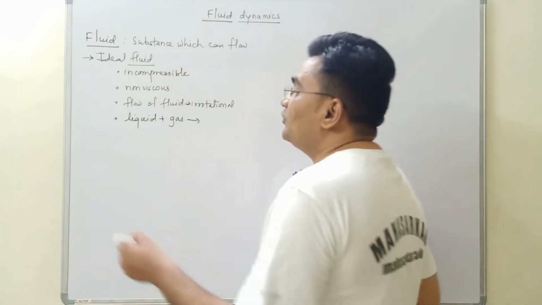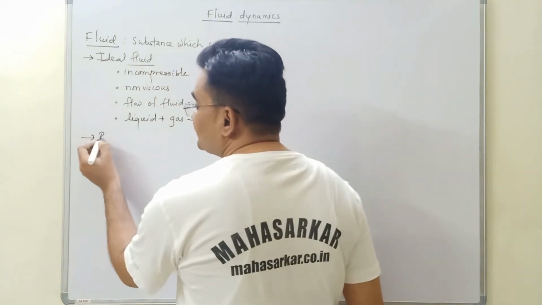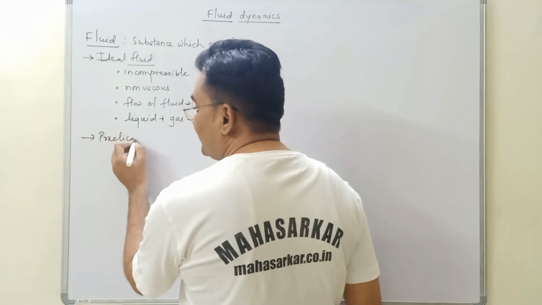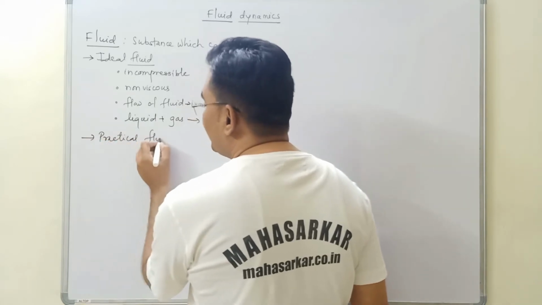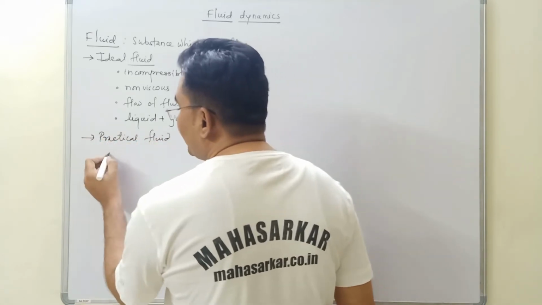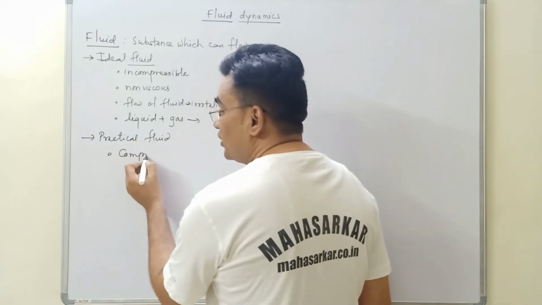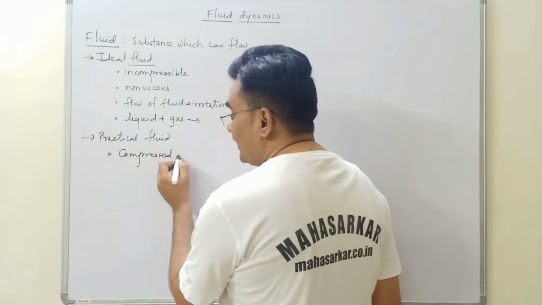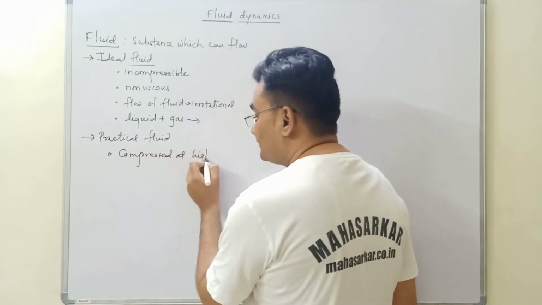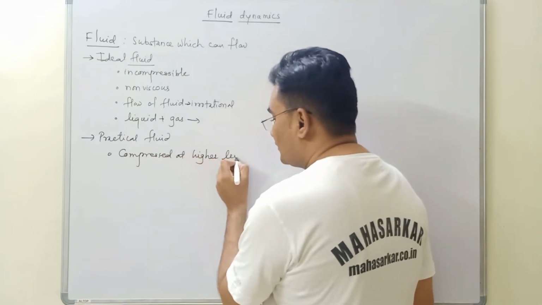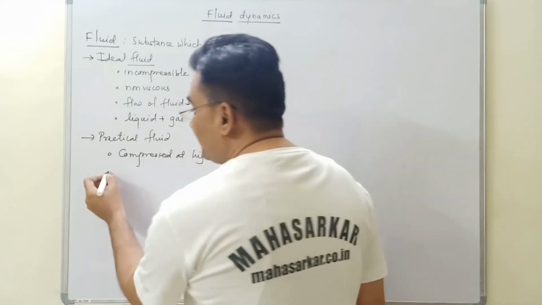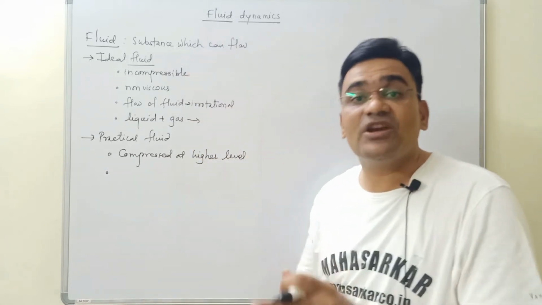So when we discuss fluid, this property should be there. But the fluid which we use in practice, instead of calling it ideal fluid, I will call practical fluid. Practical fluid is compressed at a higher level. It has a fixed volume, but it occupies the shape of the container.